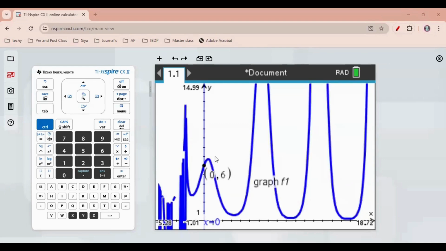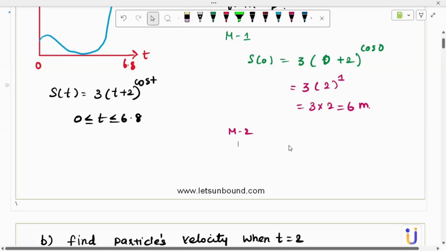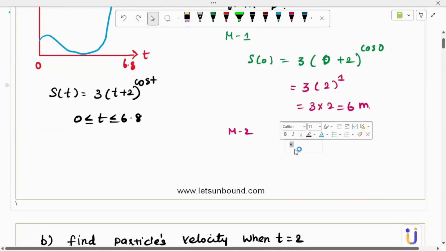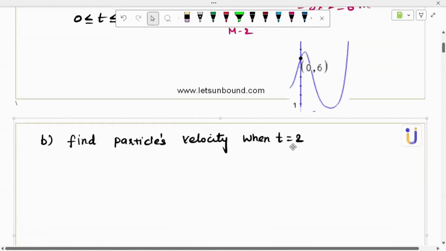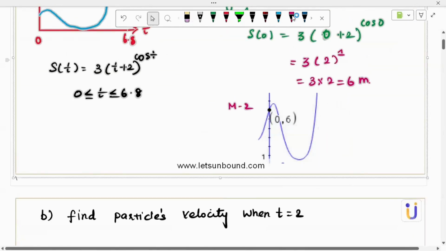This is the intersection of the y-axis and the graph, and that is what we need. So let's get into the solution page now. Graphically also we can solve. Here we go. So it's 6 meters.